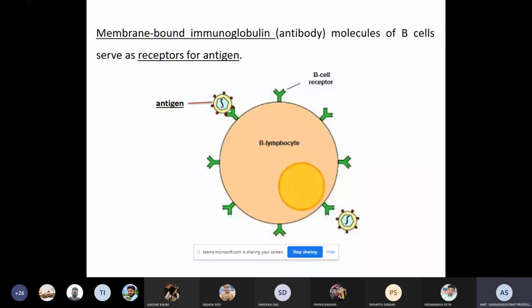Or in other words, the antigen gets bound to this membrane-bound antibody molecule of the B cell. But the question is still there: what is the source of the antibody and what is the antigen we're talking about, because there are several different kinds of antigen molecules.